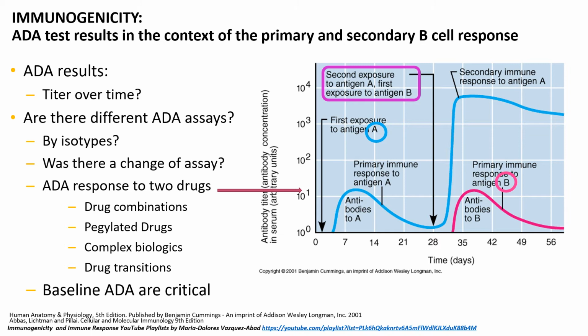So don't discard baseline levels and use only drug-induced. Baseline are critical. In some cases, like I said, in the clinical setting, we may not have baseline anti-drug antibodies, and in those cases, the best we can do is call the company that is doing the anti-drug antibodies for help with interpreting the results.